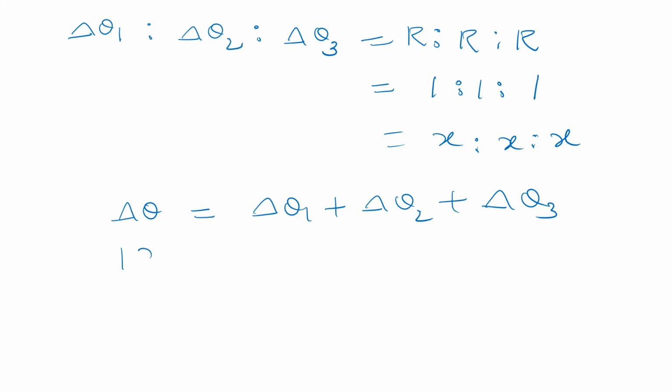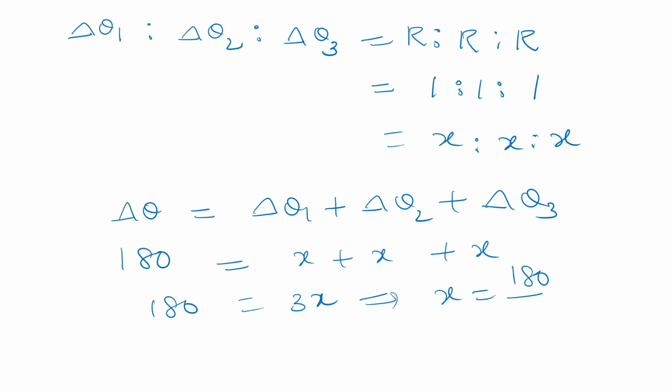Delta theta nothing but 180, delta theta 1 X, delta theta 2 also X, and delta theta 3 X. X plus X plus X, so that is equals to 3x. So 180 is equals to 3x. From this x is equals to 180 by 3, that is equals to 60 degrees.